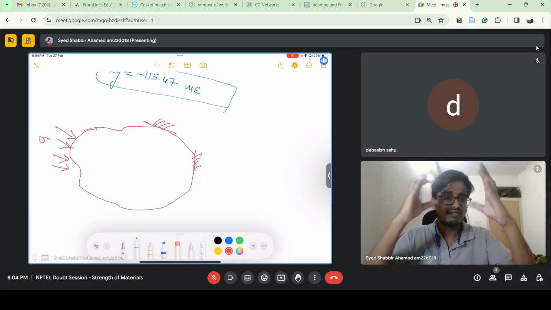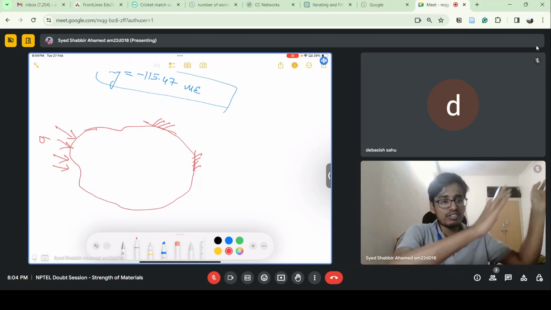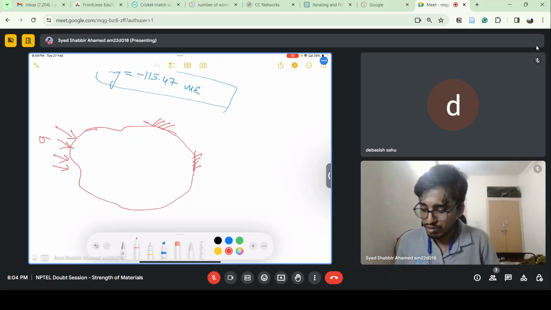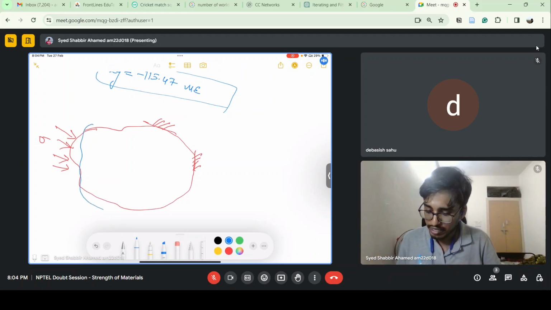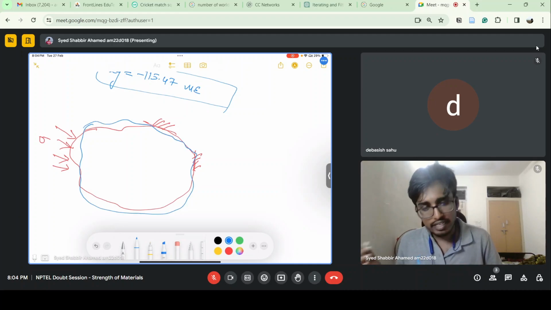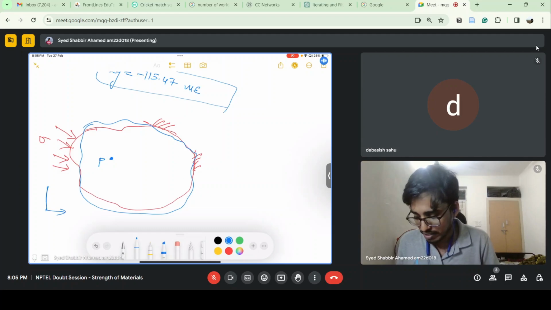If you apply load on a rigid body, it will continuously move, it will not deform. So if I apply load and there is some constraint, it will deform something like this. Let's say I want to calculate the stress at any point on this material. Let's say this is point P. I'll take a coordinate system like this, x and y.